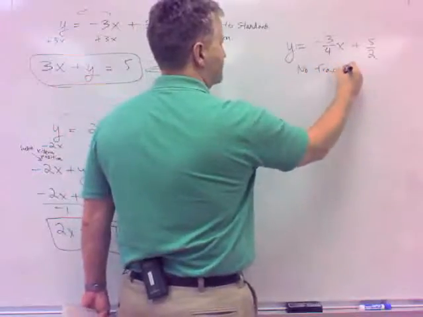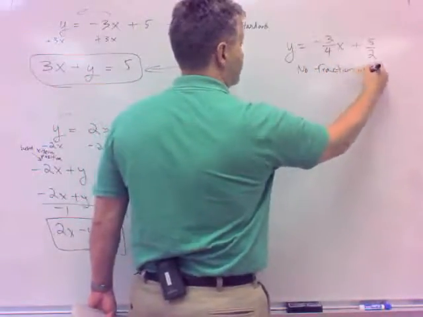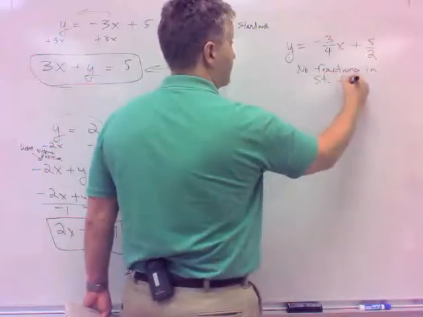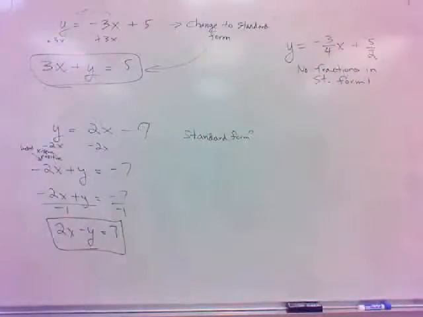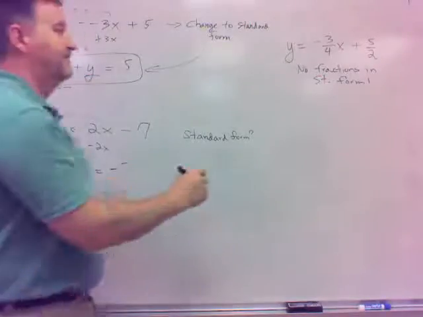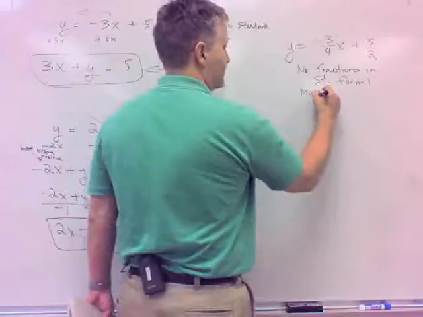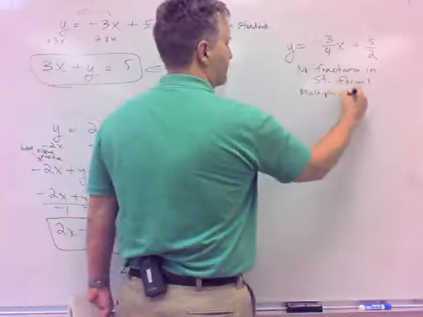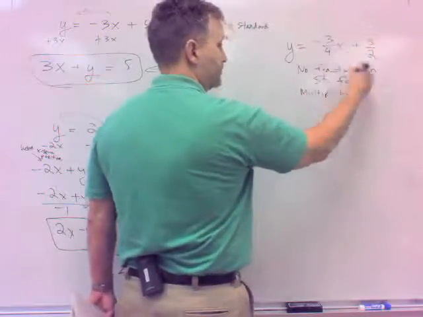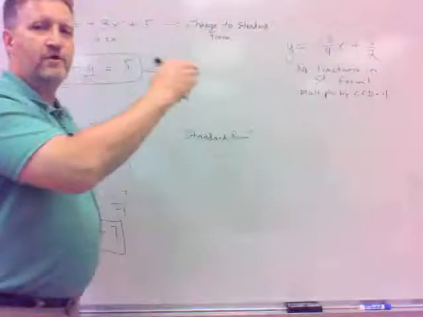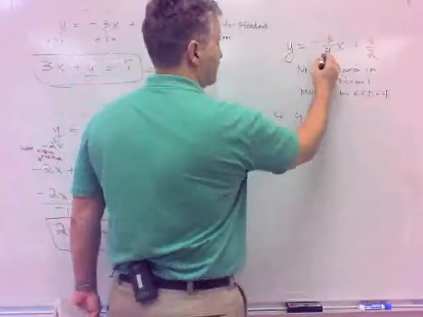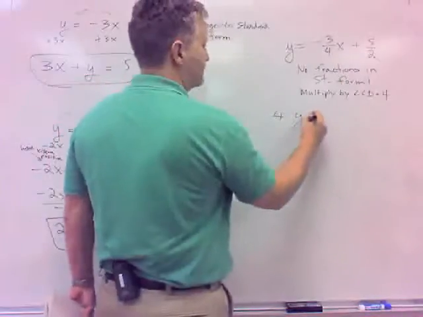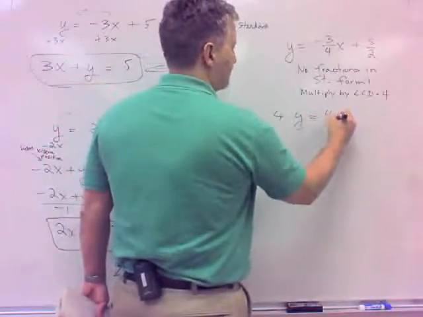So if I change this to standard form, how can I do that? Well, by multiplying by the LCD again, which in this case would be 4. Because I've got 4 and I've got 2, so the LCD of those would be 4. Multiply everything by 4.